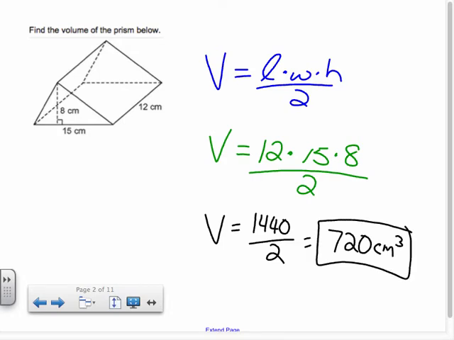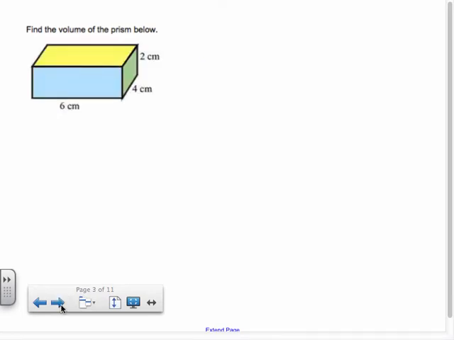So again, for triangular prisms, you multiply all 3 numbers, the length, width, and height, and then divide by 2. For this one, this is a rectangular prism, so it's even easier. It's just length times width times height. For volume, remember, we're looking for the insides, the guts.